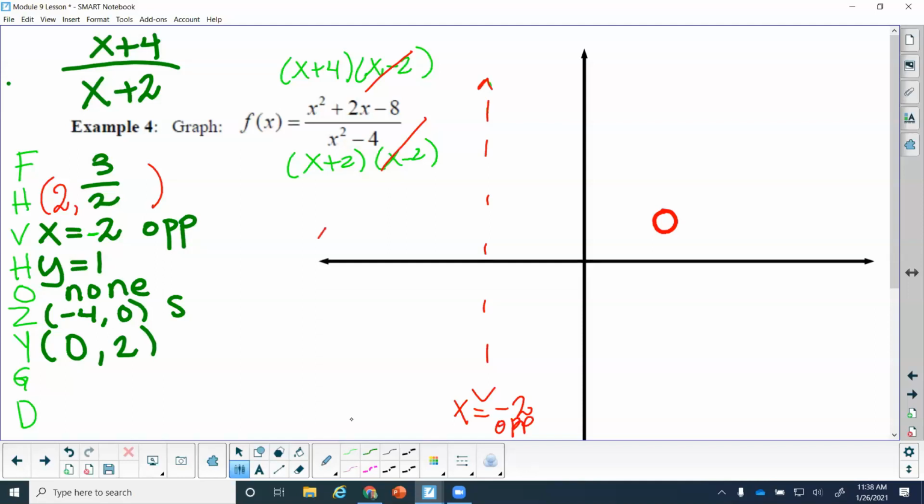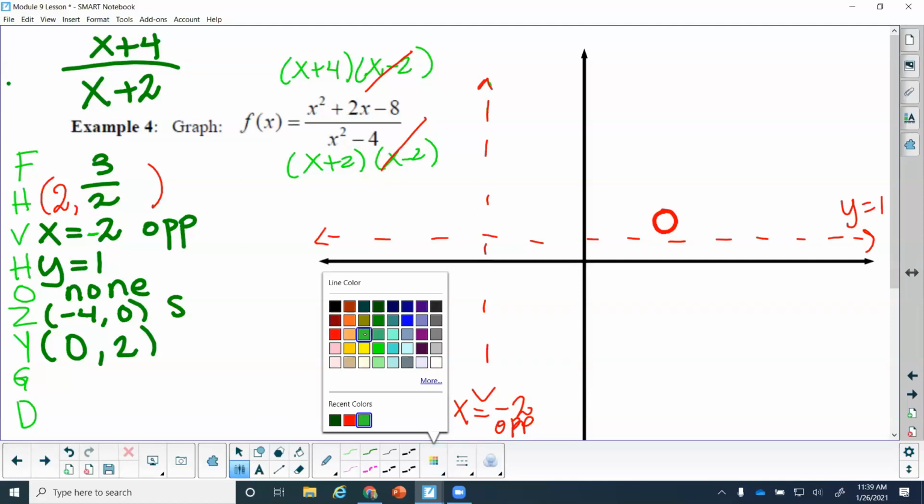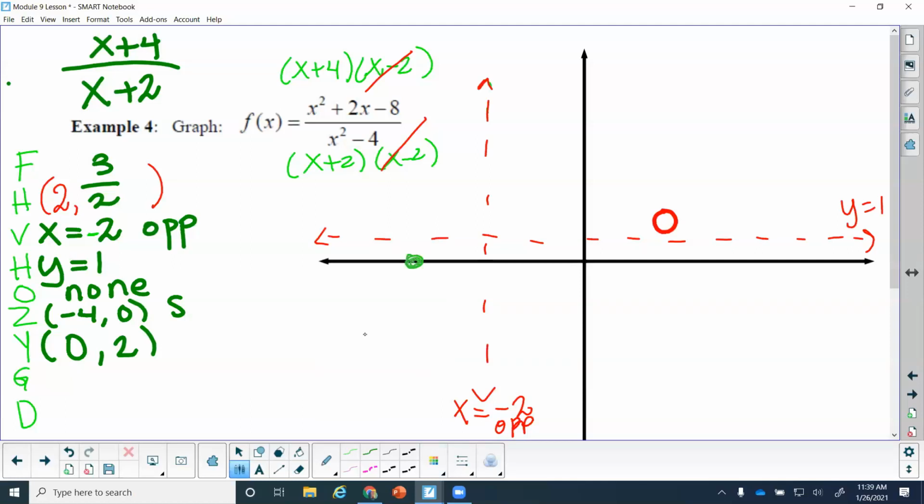I've got a floating horizontal asymptote, one place above the origin. All right, I'm going to plot those dots. We just have two dots. We have -4, 0, passes straight through. We got a y-intercept floating above the origin. And that's it.